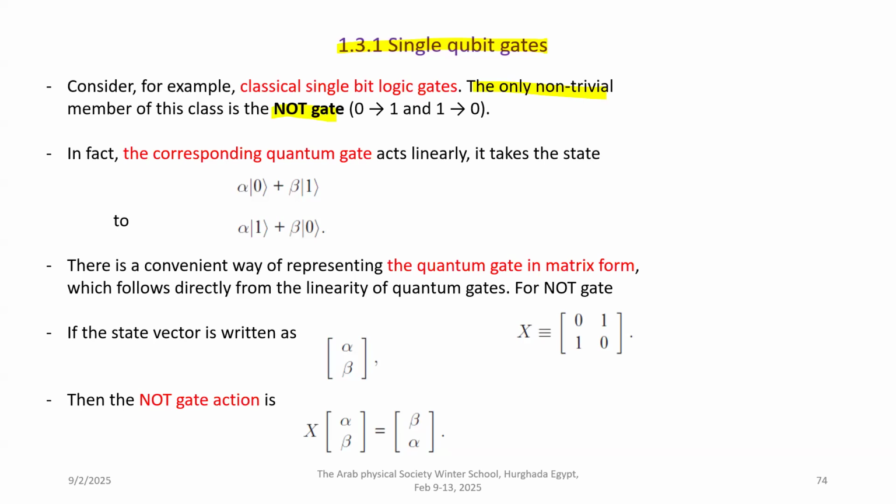Remember, let's say we have alpha 0 plus beta 1. If we want to flip this qubit, what do we need to do? Very simply, we make alpha the coefficient of 1 and beta the coefficient of 0. So this is how you flip it.